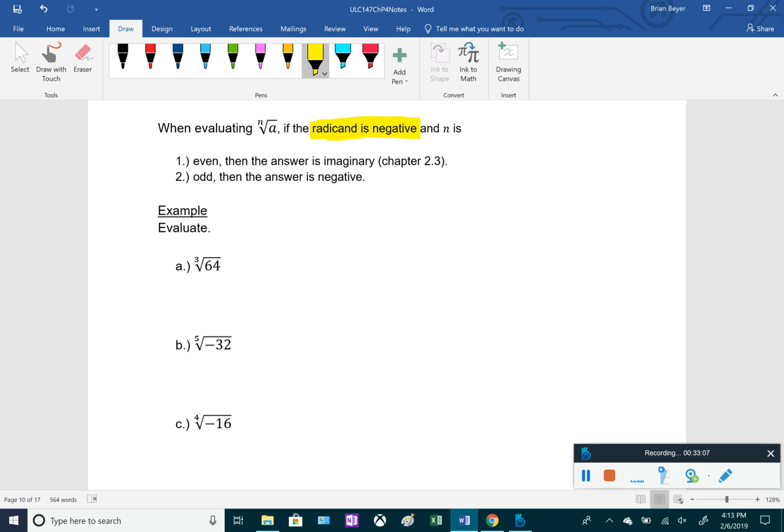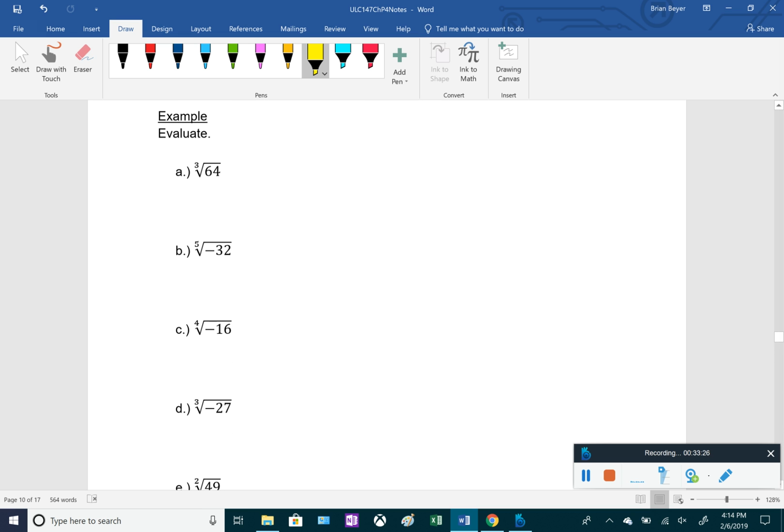If we are taking the nth root and n is even, then the answer is an imaginary number, which we'll get into in chapter 2.3. If the index is odd, so let's say we're taking the third root or the fifth root, then the answer would be a real number, but it would just be negative. So let's do some examples and see why.